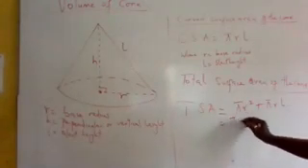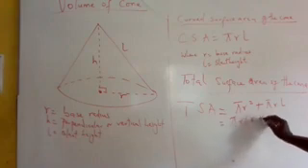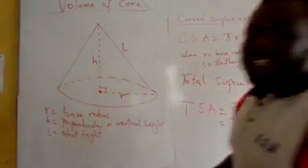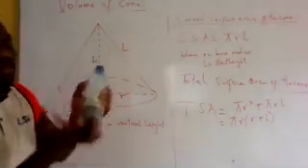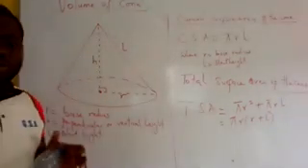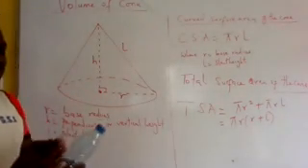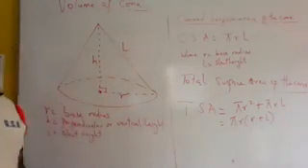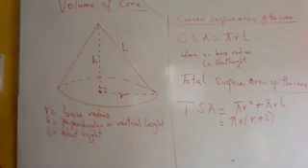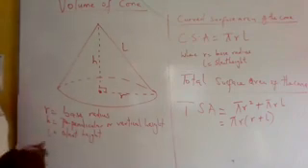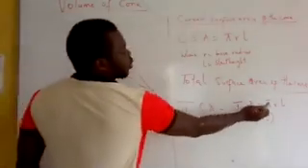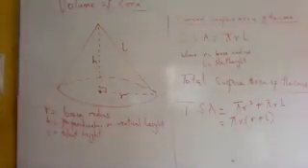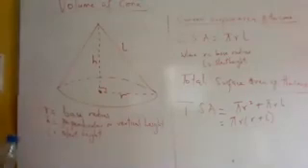In short, it can be pi R open bracket R plus L. In the case of your total surface area, you are taking both the curve and the base into consideration. So that's why you have this pi R square and pi RL there. I hope it's clear, I hope it's understood.